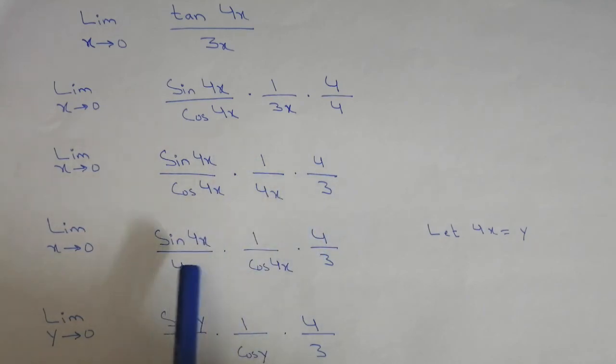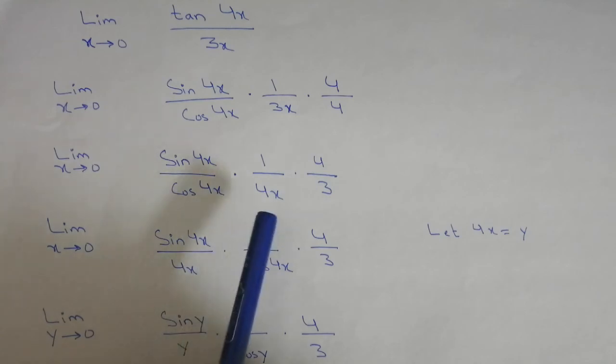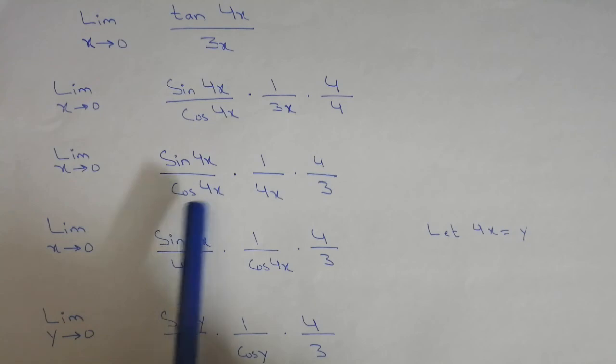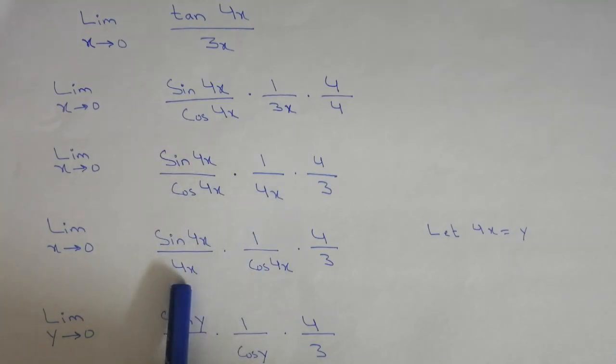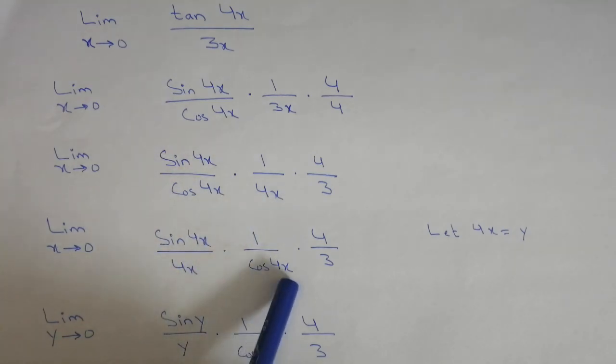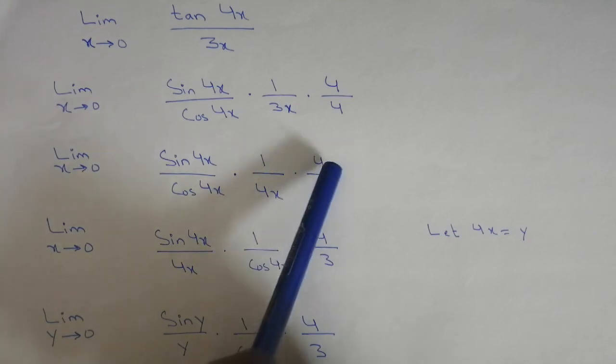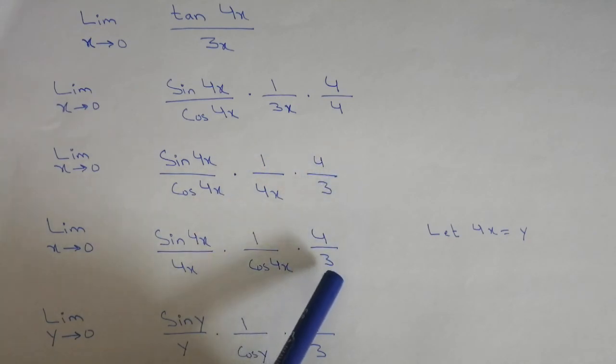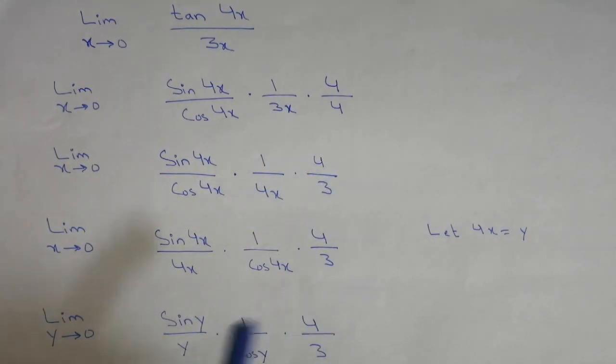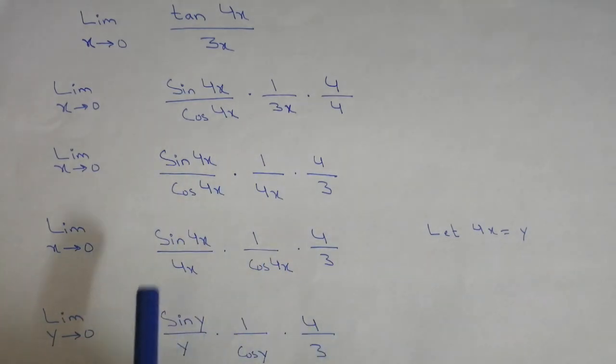So sine 4x divided by 4x, and cos 4x over here, into 4 divided by 3, same as it is. Now here, let's suppose 4x is equal to y, so sin y divided by y, 1 divided by cos y, into 4 divided by 3.